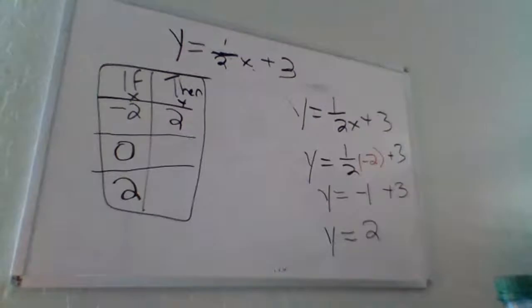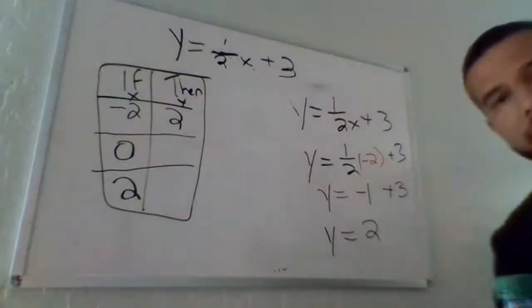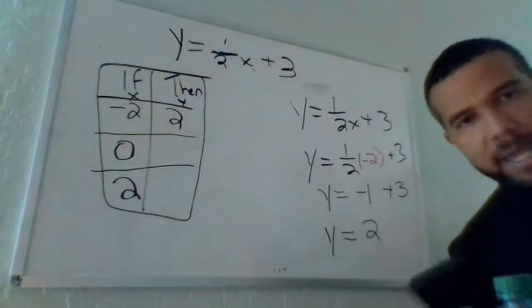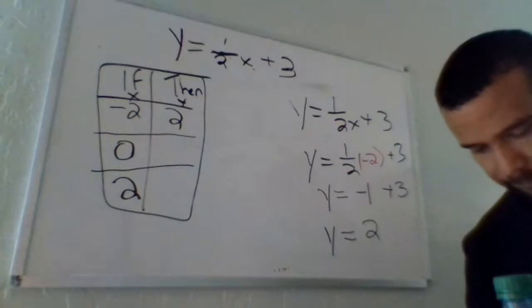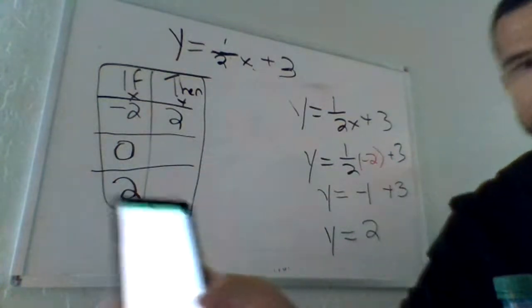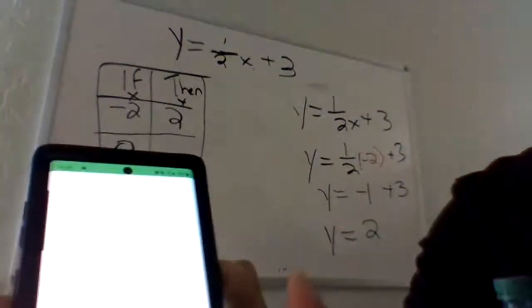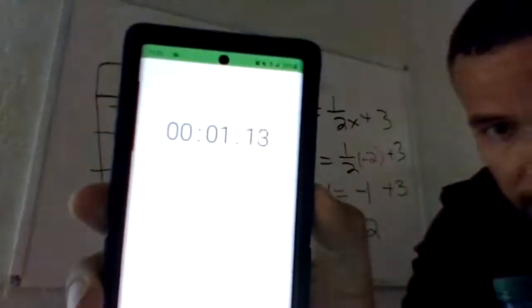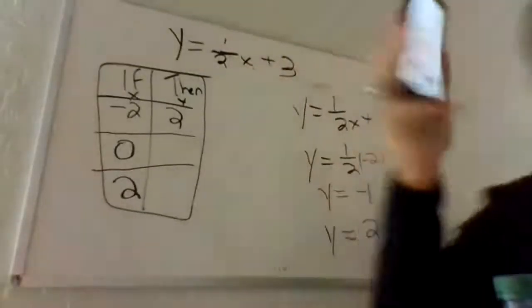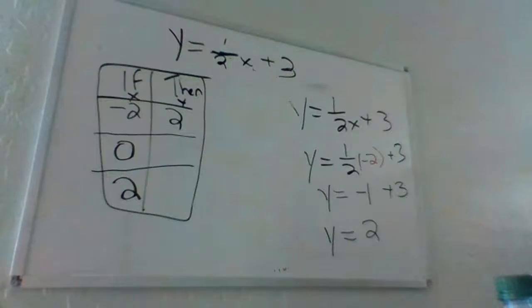So I'll let you guys go ahead, solve this. As soon as you're done, let me know and I can take your time. All right, time starts right now. I'm done. Ooh, okay. Love that. 3 seconds. I'm done. Okay. That's 13 seconds. With the 0. Right.